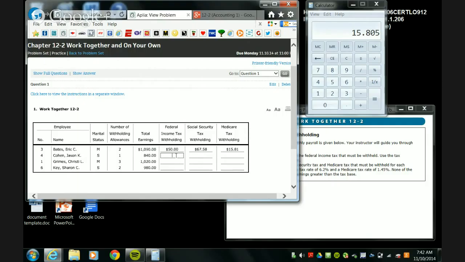Okay, so for Jason, the process is the same. I'm going to use the table on 347 this time, since he's filing as a single person. His number of allowances is 1, so his federal income tax withholding is $77. The process is the same for finding his, so we do 0.062, multiply that by his total earnings, $840 in this case, and I get $52.08.